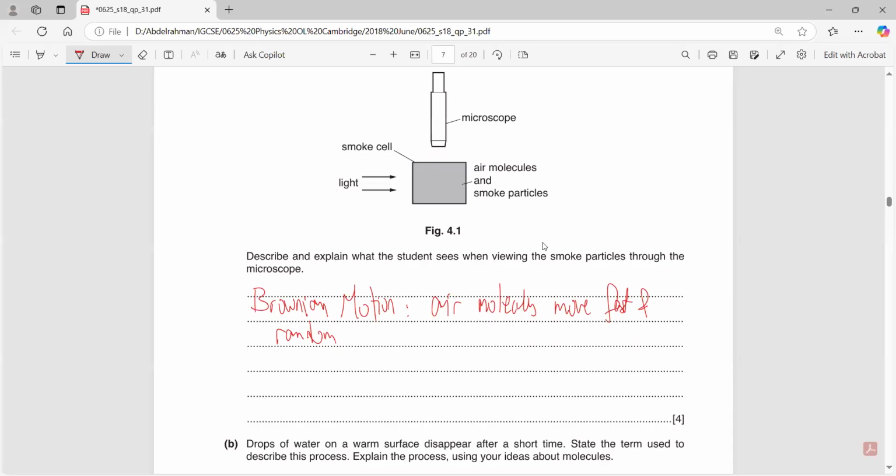You have to say that they collide with the smoke particles, not the other way around. If you say that the smoke particles collide with the air molecules, you would lose a mark. They're moving fast and random, colliding with the smoke particles, causing a random zigzag motion.